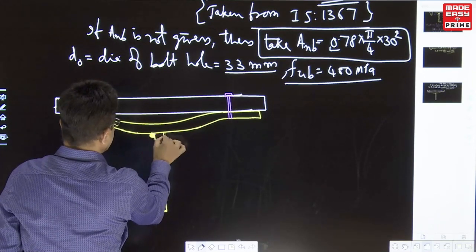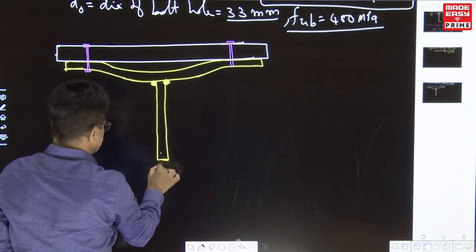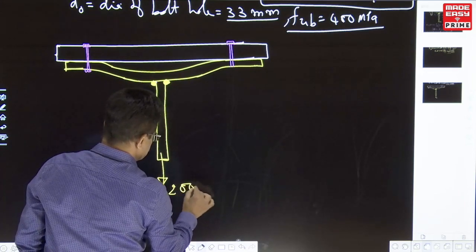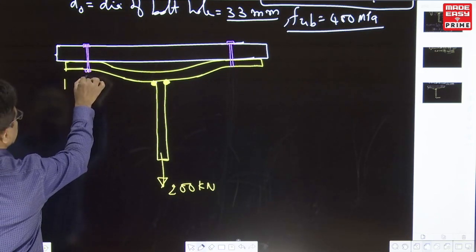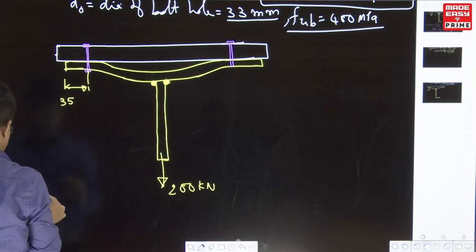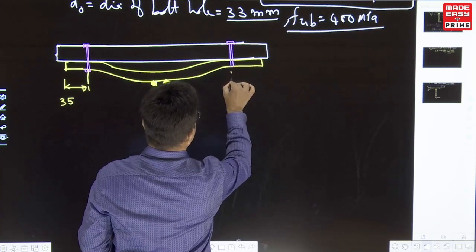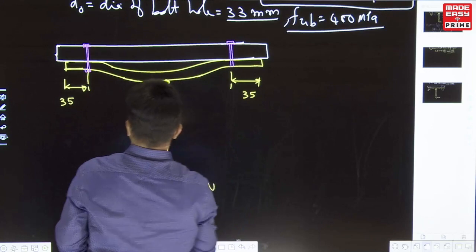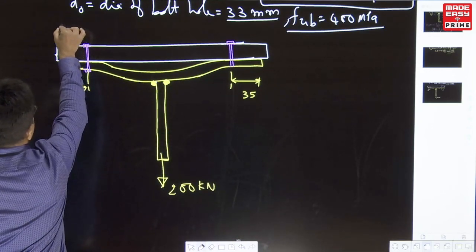Welding is done here and here. This welding we don't have to design. This value they have given as 200 kilonewton. This is the end distance from here to the center line of the bolt. This value is 35. Okay. Here also same thing. This distance is 35. So the total width of the plate is 230 mm.